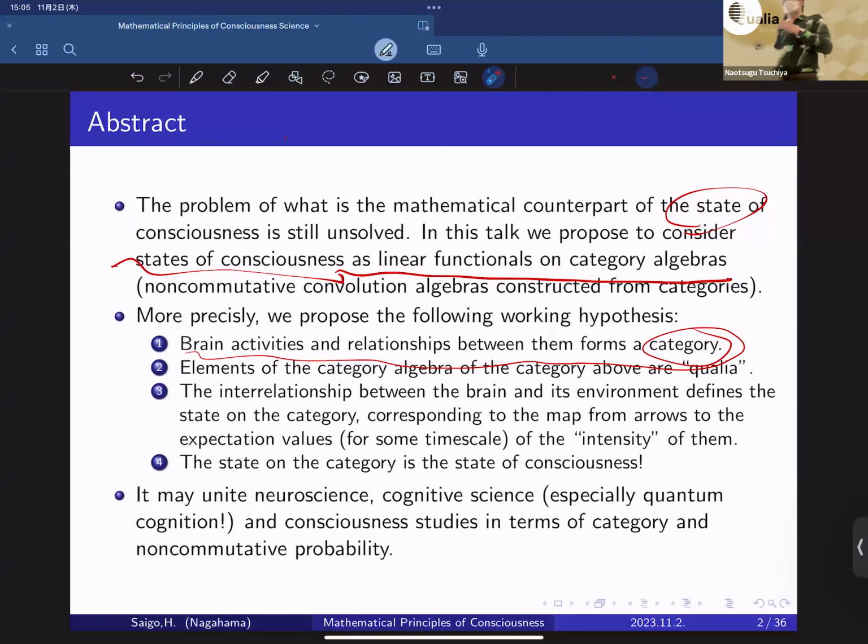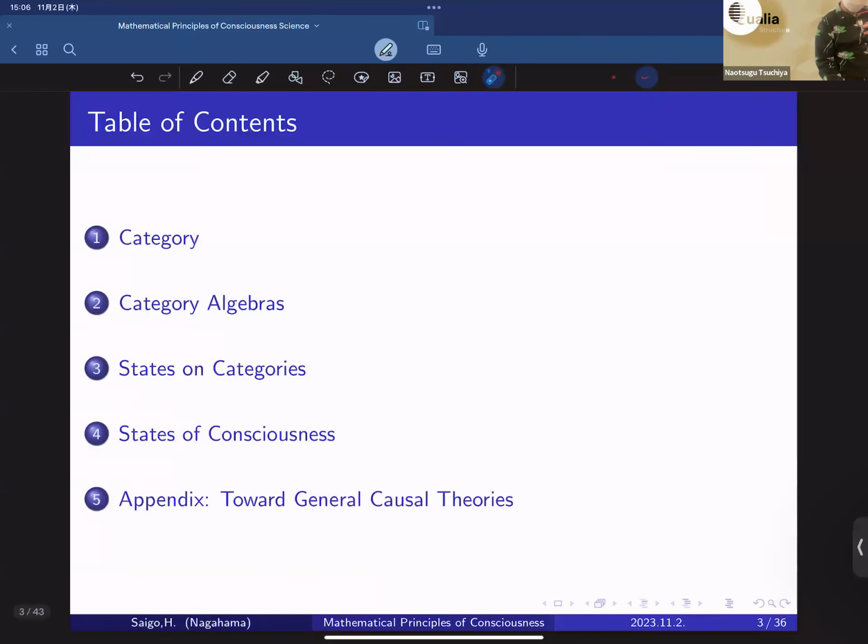In mathematics, these two fields, category theory and non-commutative probability, are considered very different fields. Of course, they have many relationships, but this relationship seems not to be a direct one. But I found, I think, a direct relationship, and maybe it is worth introducing here.